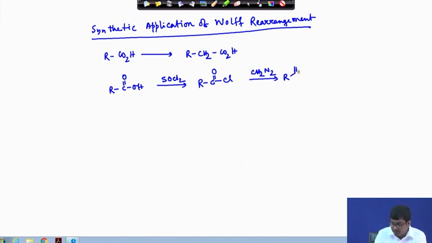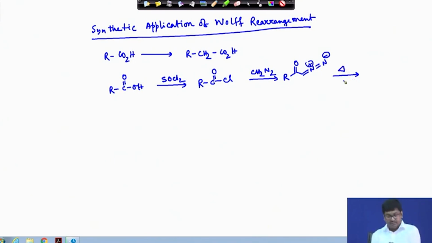So, we can write over here. Fine. Now, once we have this, it is ready to generate our desired carbene precursor.